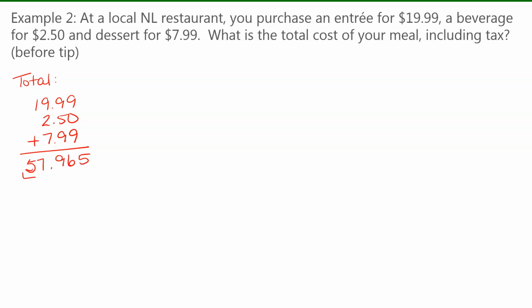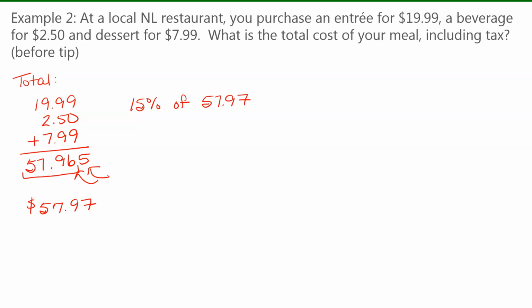57.965. So remember, when we're dealing with money, we can only have 2 decimal places, and because this number here is a 5, that will impact the number before it. So this actually rounds up to $57.97. We then need to use the Newfoundland and Labrador tax rate, so 15% of $57.97.